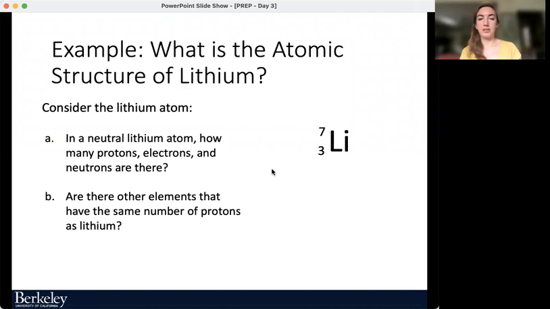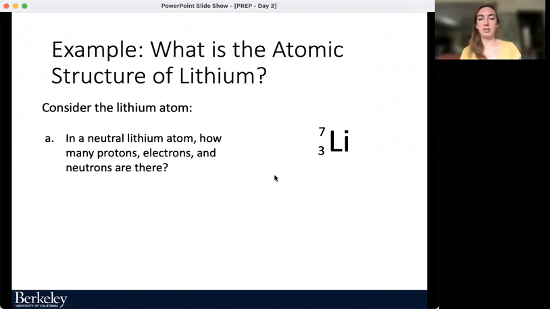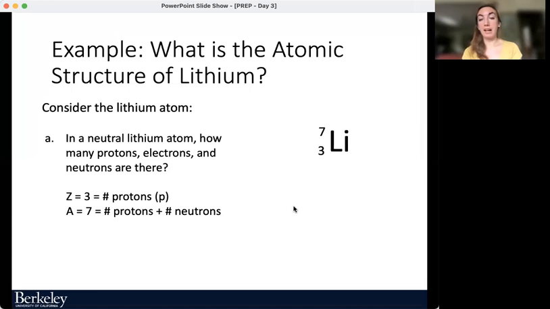Cool. So just to go over the answers here. First, how many protons, electrons, and neutrons are there? The atomic number is given here. It's 3. The atomic number is the number of protons in an atom. So there are 3 protons. The mass number is up here, it's 7, and 7 is the number of protons plus the number of neutrons.